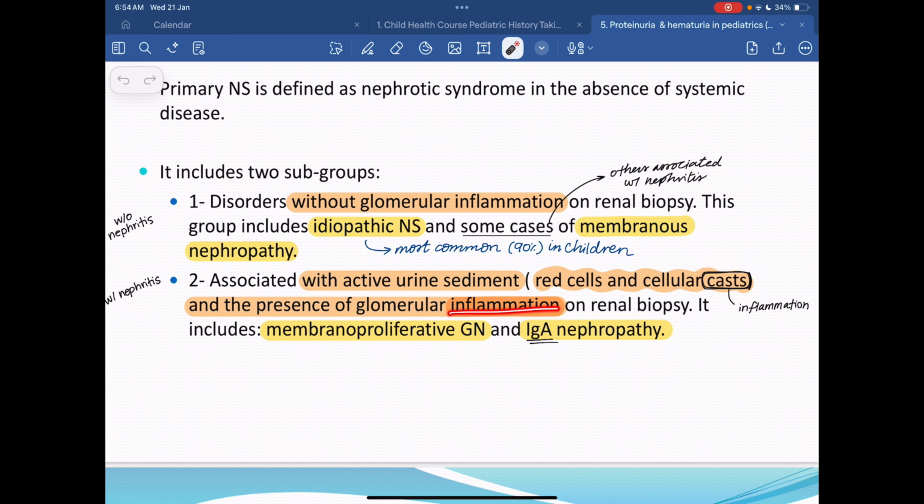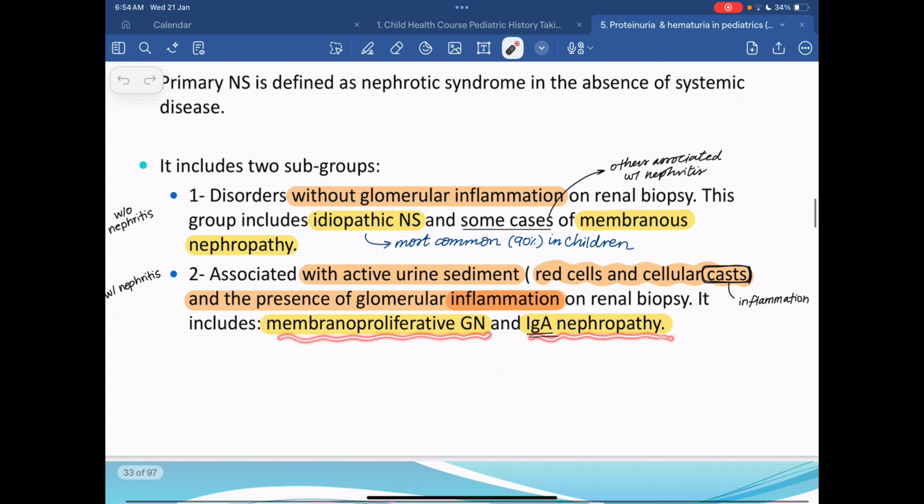So we have inflammation on renal biopsy. This includes membranoproliferative glomerulonephritis and IgA nephropathy.